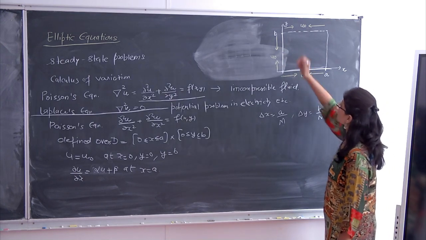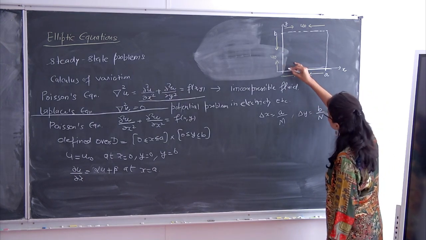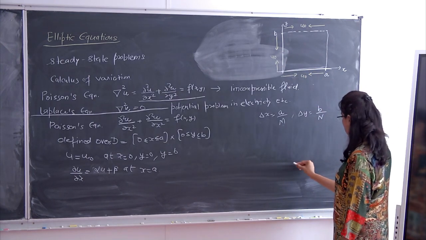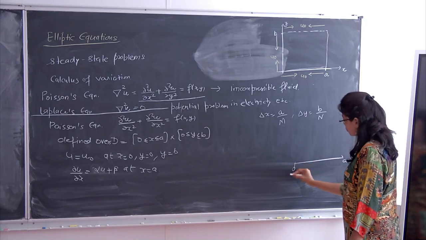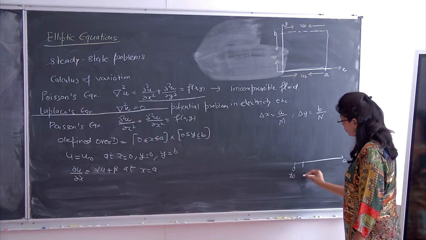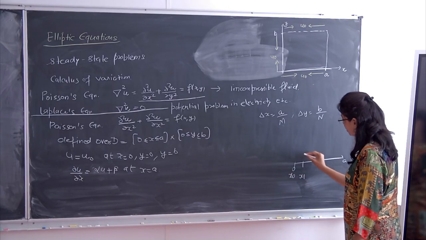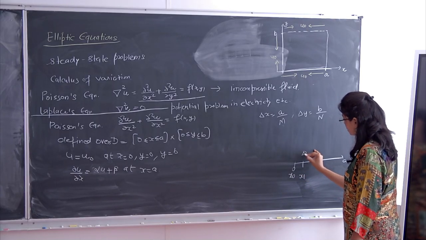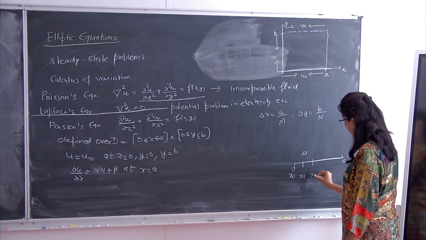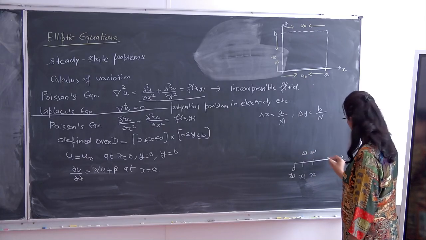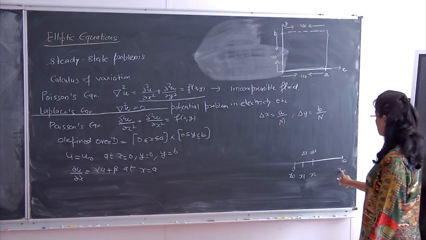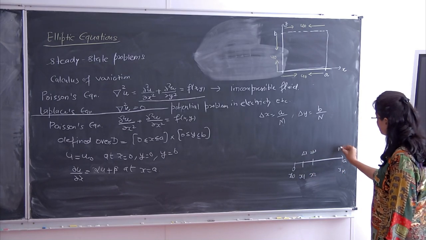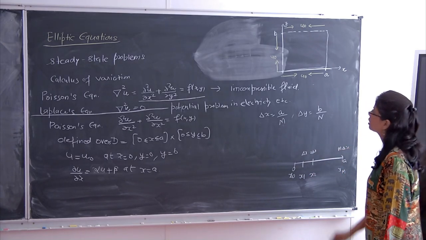So, what will the points look like? Let me write this down. On the x axis, this is a, this is 0. The first point will be x naught. What will x1 be? x1 will be just delta x, x2 will be 2 delta x, and similarly the last point is xm, which is m times delta x.